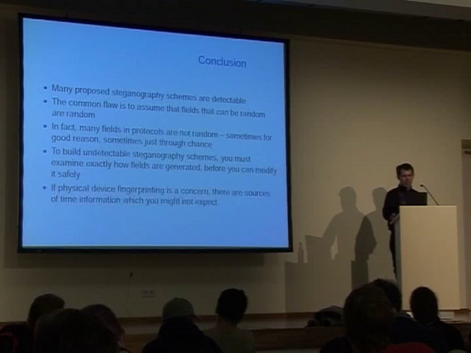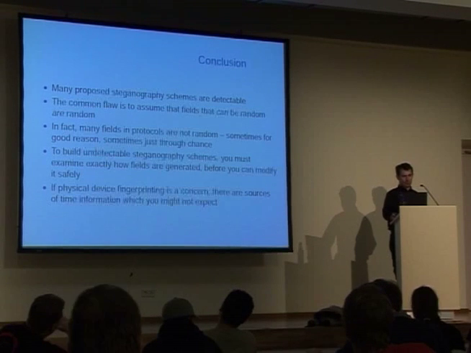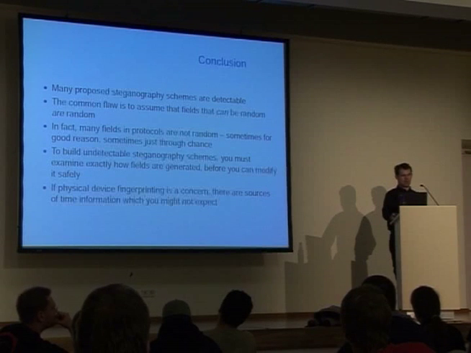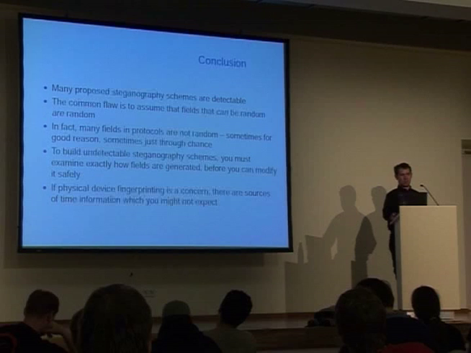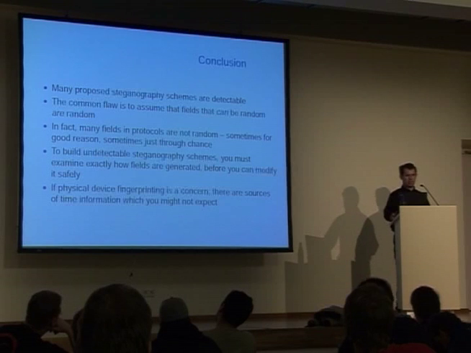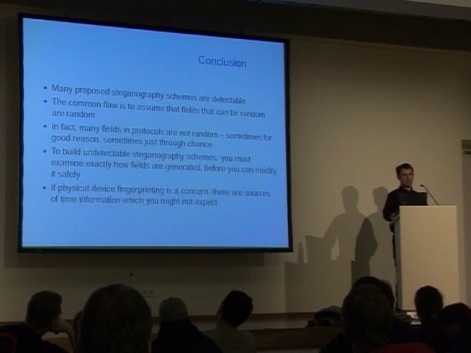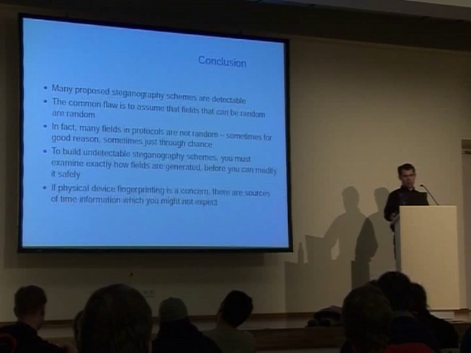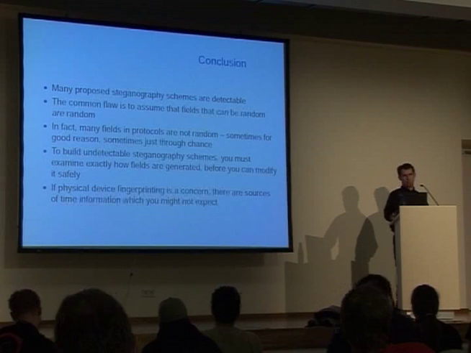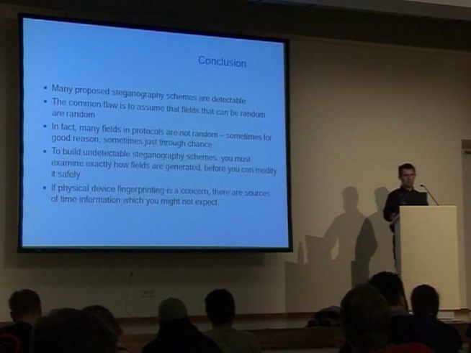And if you want to build an undetectable steganography scheme, because you're worried about someone watching the network traffic, then you have to follow the specification backwards and make sure there's no way of detecting that. So if you look at the paper I've got associated with this, it's not in the proceedings, but it is on my website, then I've got a suite of tests that should tell the difference between random data and appropriate IP IDs and initial sequence numbers.